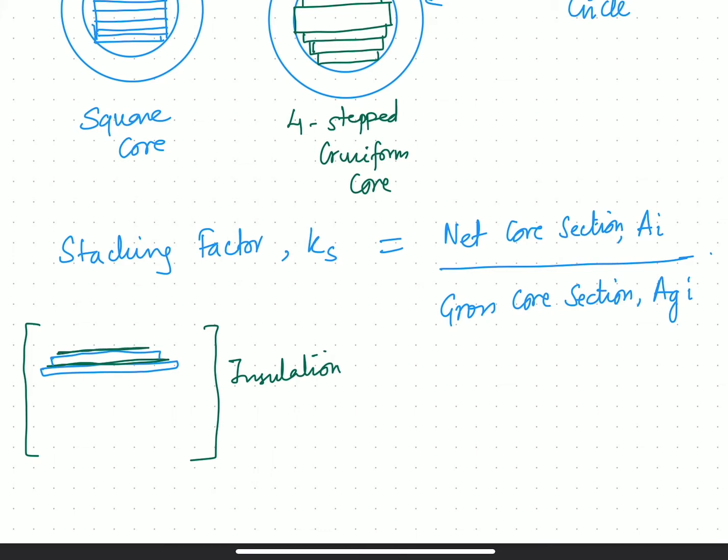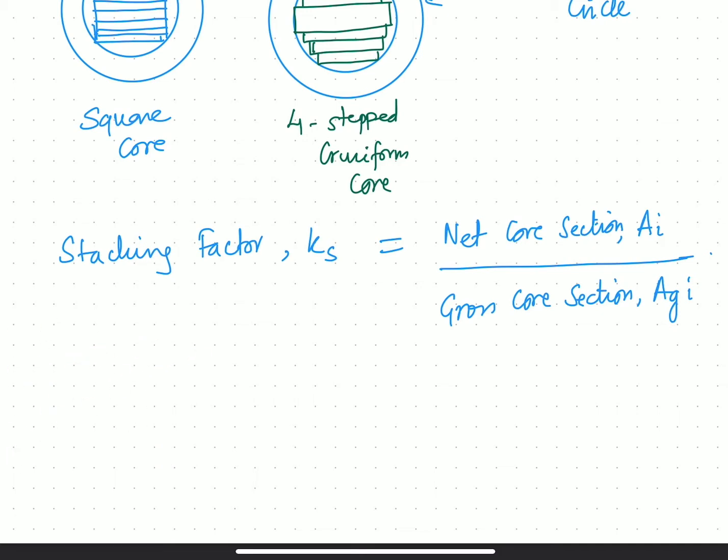It's not the core. The core is in blue, and you have this layer of varnish. So that's why there are two different areas. You have the net core section, which comprises the core only, and the gross core section, which is the core with the varnish. This stacking factor Ks usually has a value of 0.85 to 0.9.